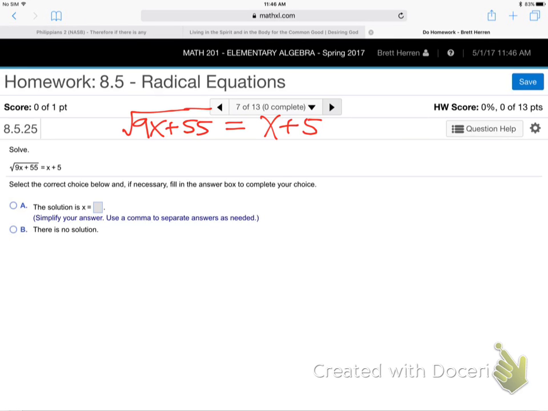So what's the first step? Power of 2. 2 power both sides, right? X squared plus 5x plus 5x plus.